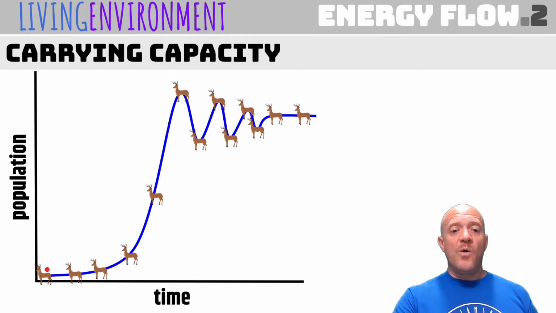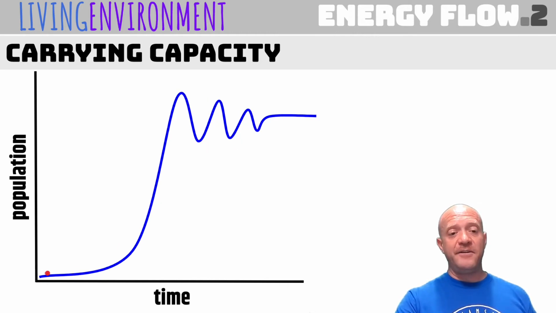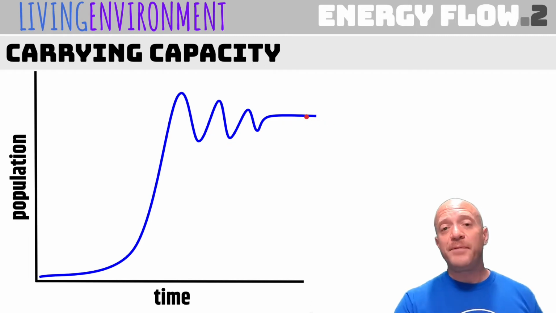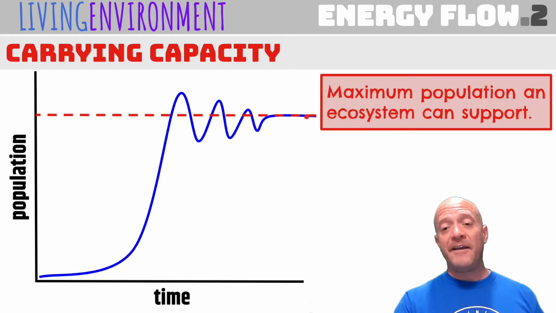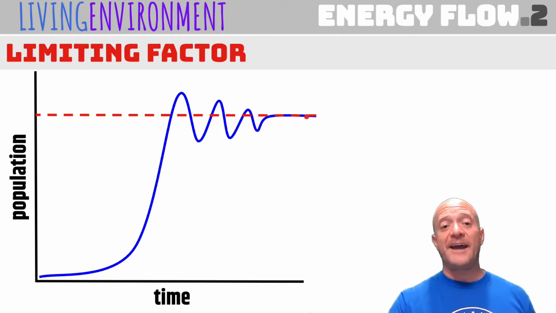and then the population kind of does this little shuffle back and forth. Well, this entire graph, you'll see a graph that looks very much like this. It has an overshoot, a die-off, and an overshoot and a die-off, and then it kind of levels out. And that place where it levels out is called the carrying capacity. And that is the maximum population that an ecosystem can support. The reason they can only support so many individuals is because of limiting factors.